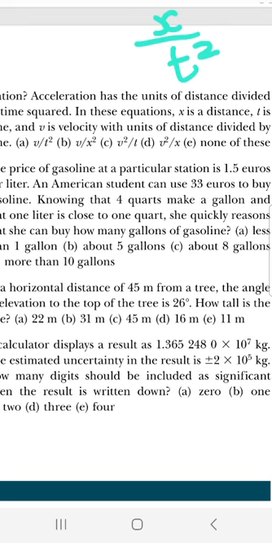All of the other quantities in physics are made up from the three fundamental ones, which are time, t, distance, x, or meters, and mass, in kg.